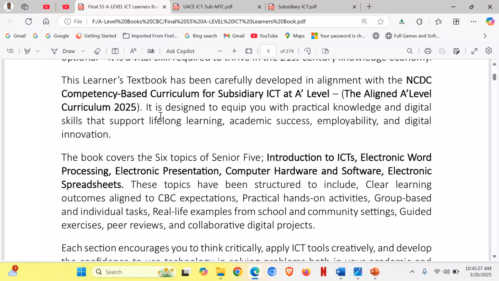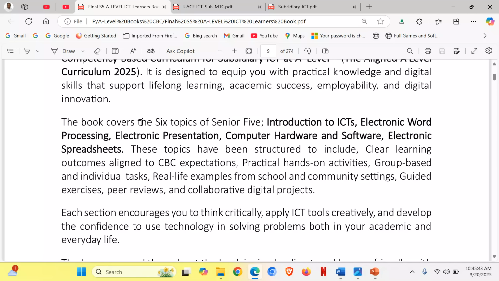It is designed to equip you with practical knowledge and digital skills that support lifelong learning, academic success, employability, and digital innovation. The book covers the 6 topics of Senior 5, that is Introduction to ICTs, Electronic Word Processing, Electronic Presentation, Computer Hardware and Software, Electronic Spreadsheets.